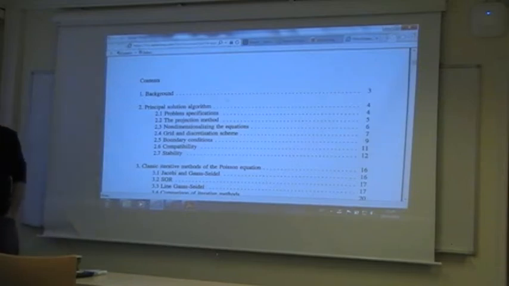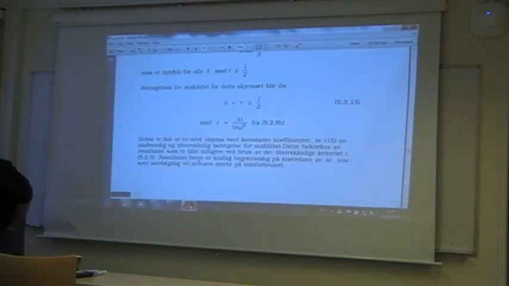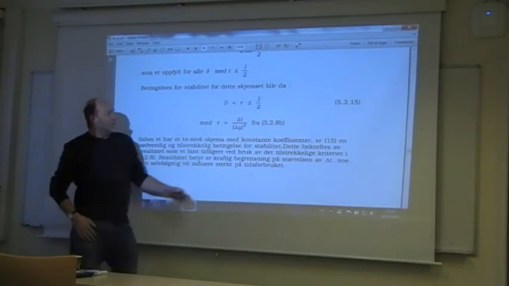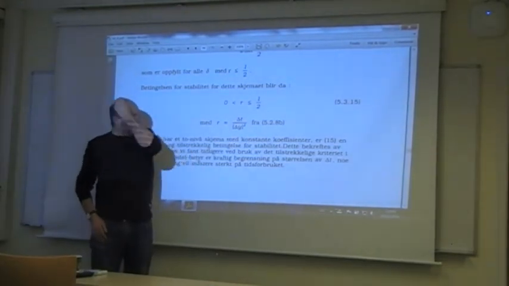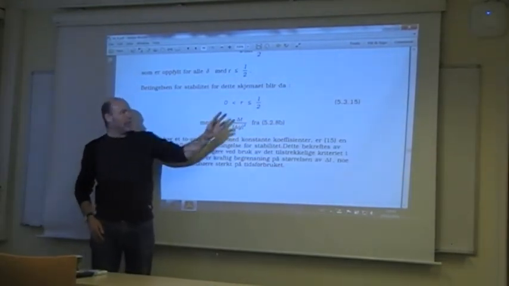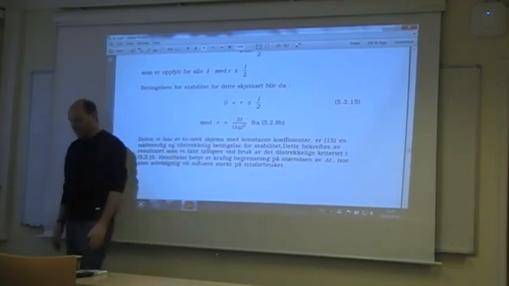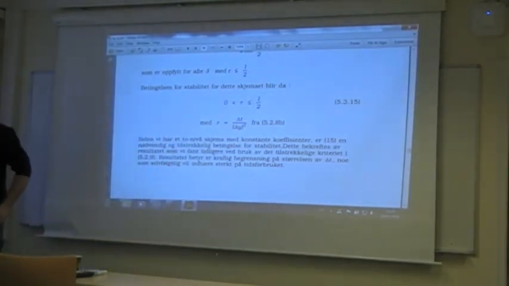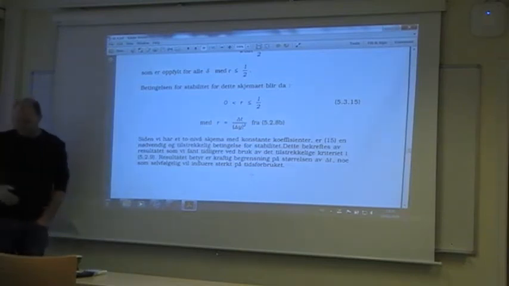From the advection equation we found the CFL condition, Courant-Friedrichs-Lewy number should be smaller or equal to 1. For the diffusion equation we found this R, which is dt by dy squared, should be between 0 and 1/2. That should be the stability criteria. We found that one from the von Neumann stability analysis.